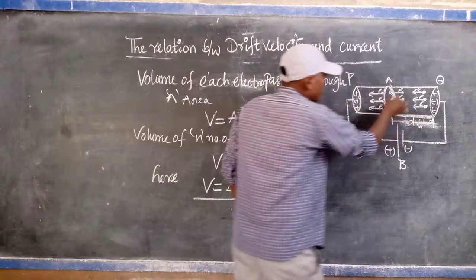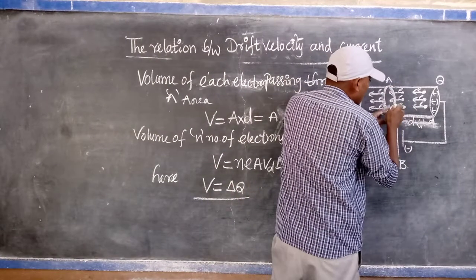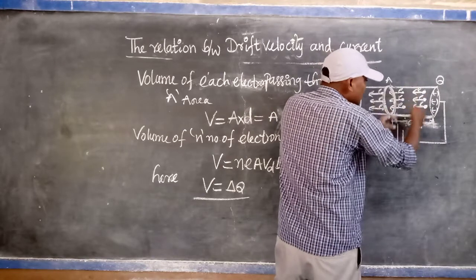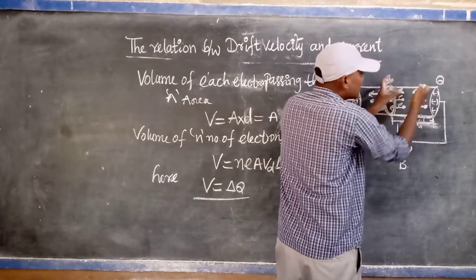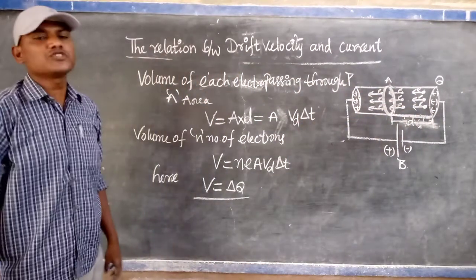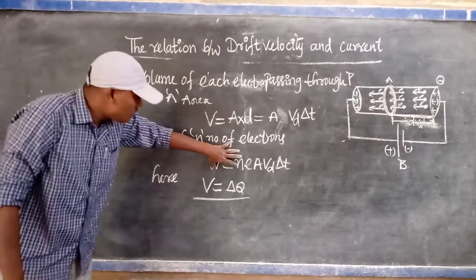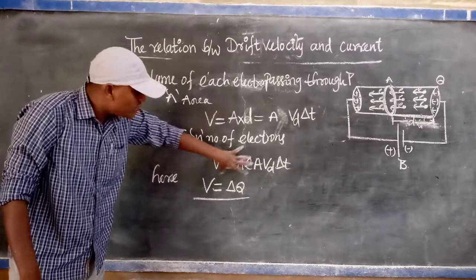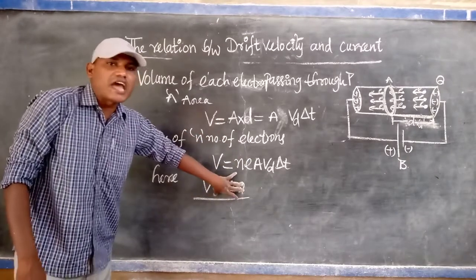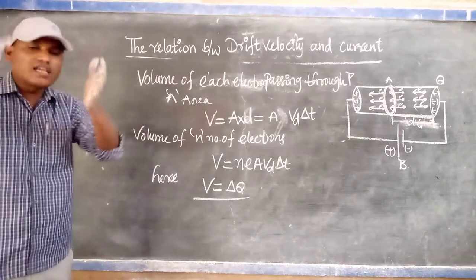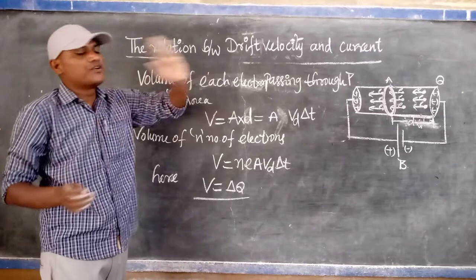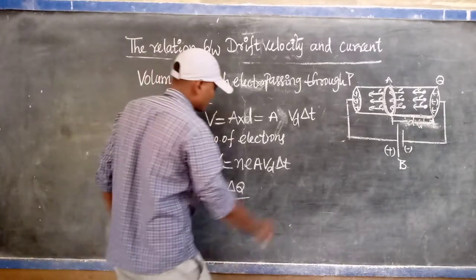Through the entire volume of the conductor, electrons move from one end to the other, and they carry the charge Q. That's why the volume of the total electrons corresponds to the charge carried by the electrons, because all the electrons at a time carry the charge from one end to the other.